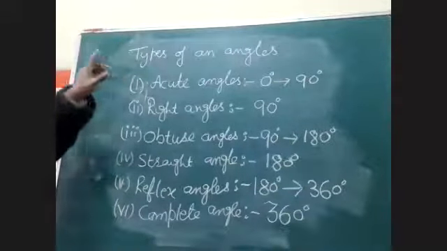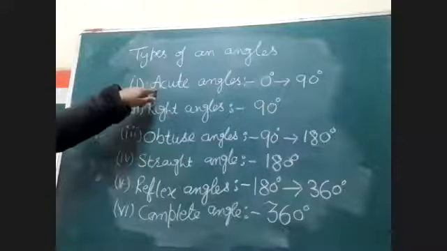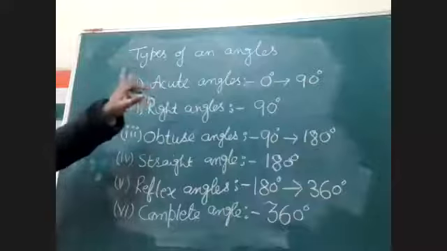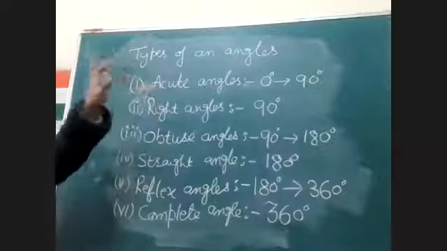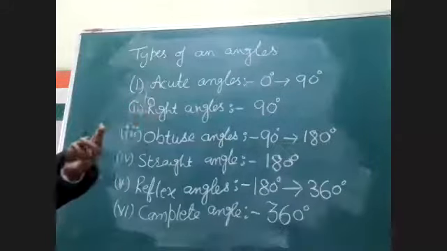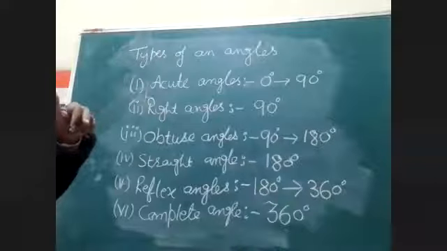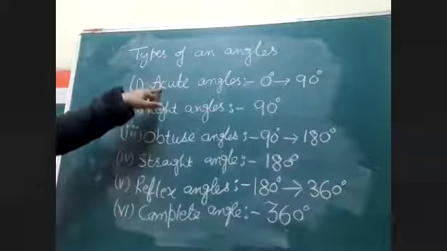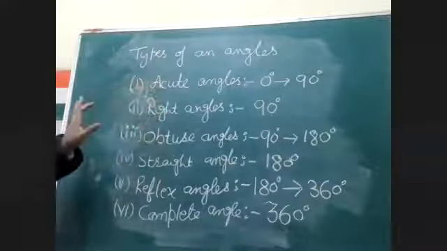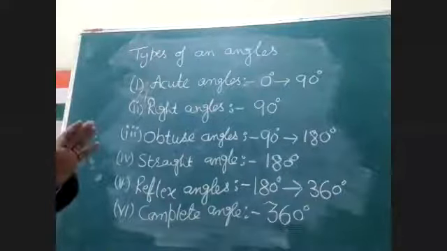See once again. First type is acute angles, angles whose measure is more than 0 degrees but less than 90 degrees. Second type is the right angle, an angle which measures 90 degrees.